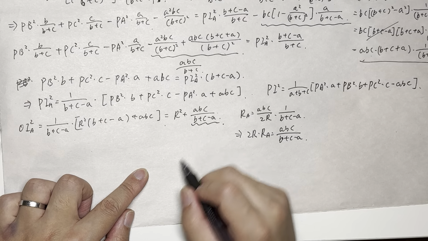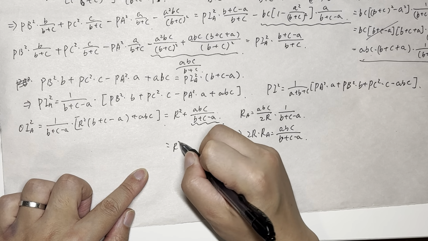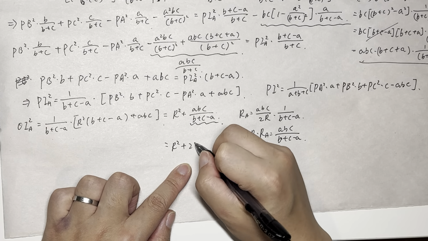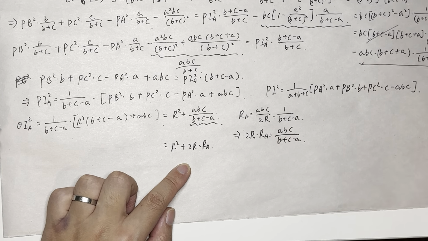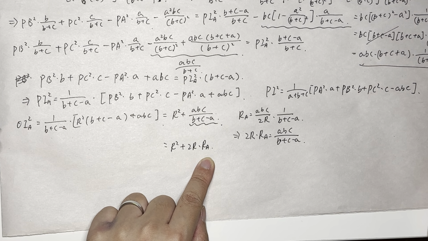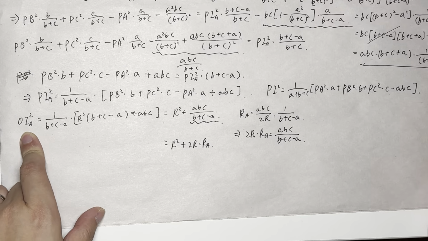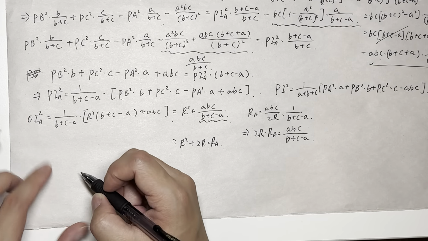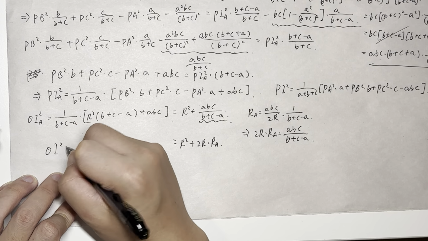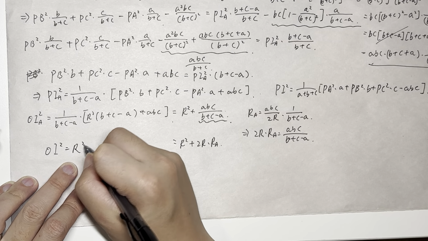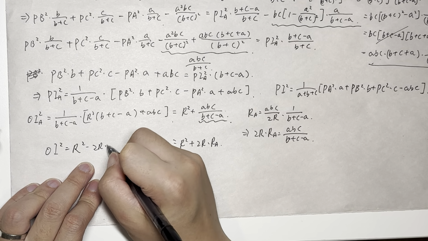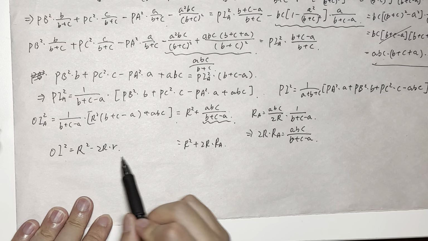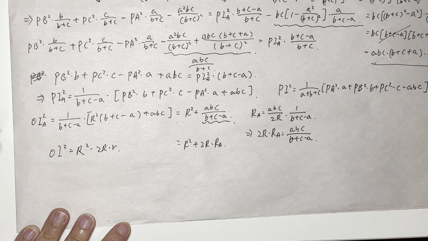Which means this equation can be rewritten as R squared plus 2R times RA. Right? That's OIA squared. And if you remember that OI squared equals R squared minus 2Rr. Look at this. They're very close, right?